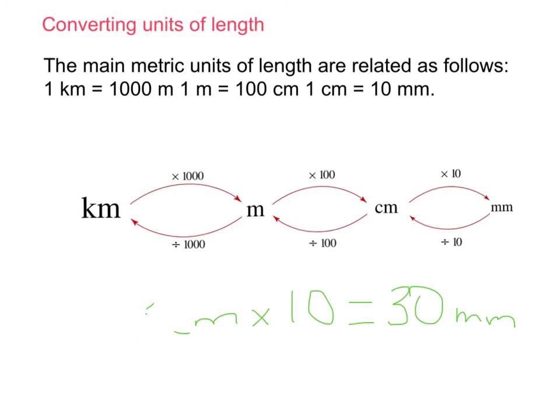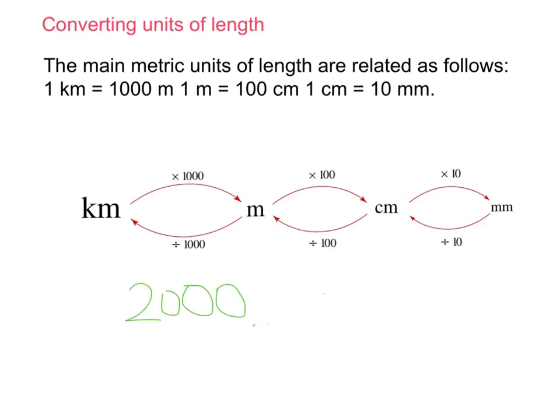However, if we go the reverse way, if I say, for example, I have 2,000 metres, and I want to find out what that is in kilometres, I need to divide it by 1,000.